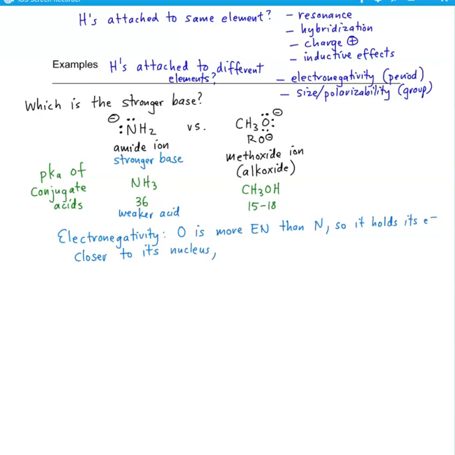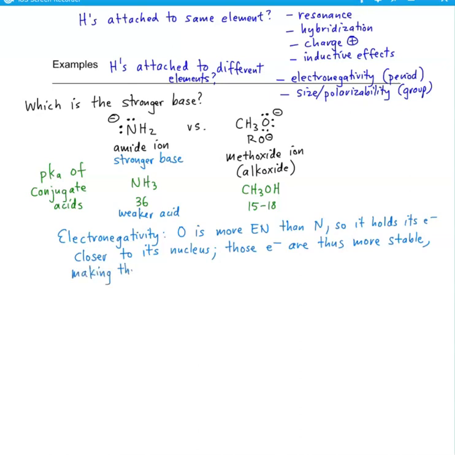Those electrons are therefore more stable, which means that the base is more stable and less likely to accept a proton.